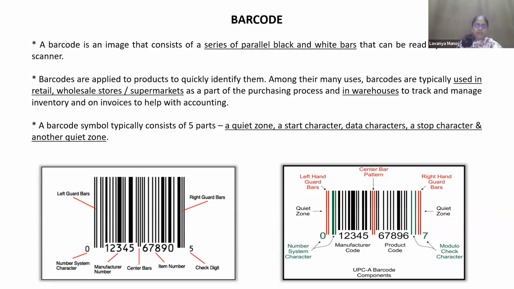The salesperson scans each and every product with the scanner. When the barcode is scanned, all the information about that product is automatically displayed on the point of sale system, that is the computer system.